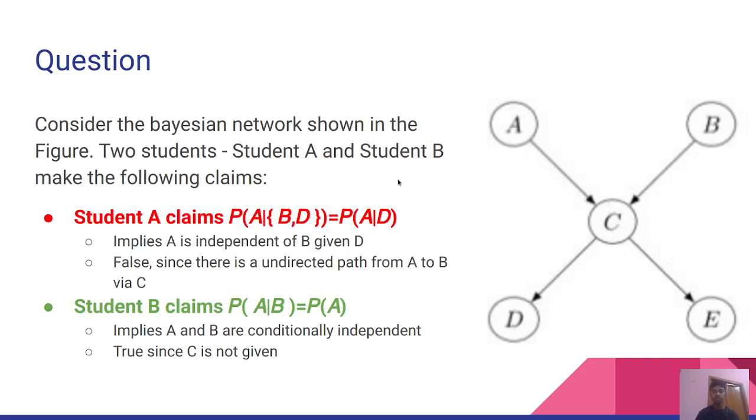But why is it dependent here? Because D is given and D is the child of C. Because D is directly dependent upon C, the block at D means this node is not cancelling.